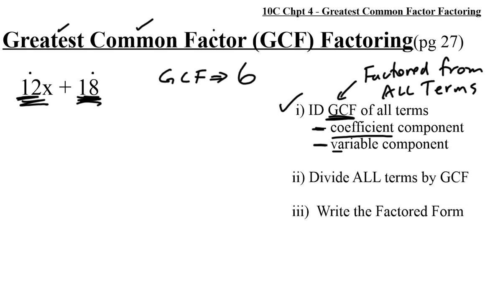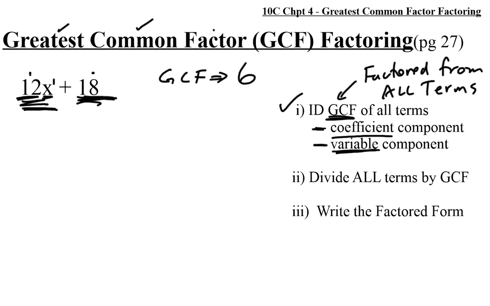The second part is the variable component. Again, I think of it as I want to pull out as many variables from each term. Well, how many variables are there in our 12x? We have a single x. We have an x to the 1. So there's an x term there that could be factored or removed from it. Well, how many variables do we have with our 18?